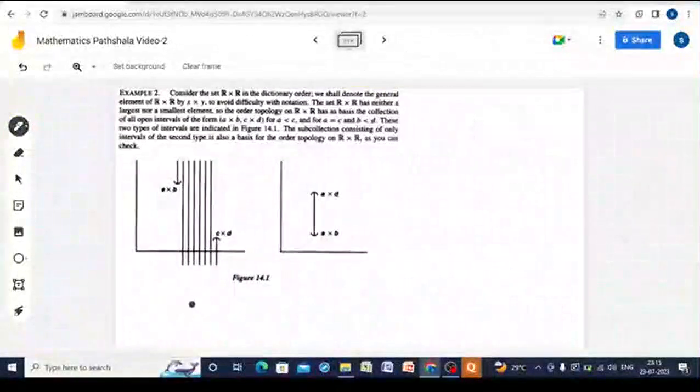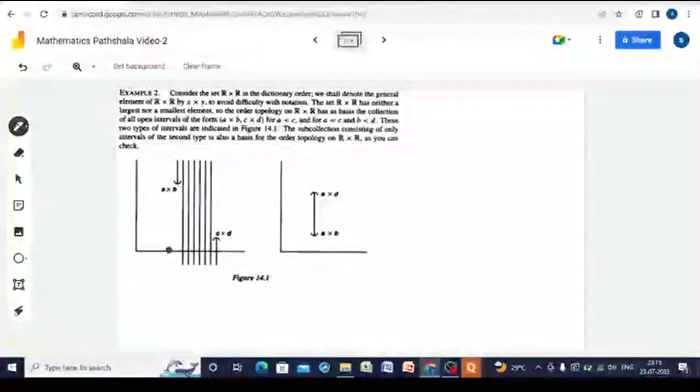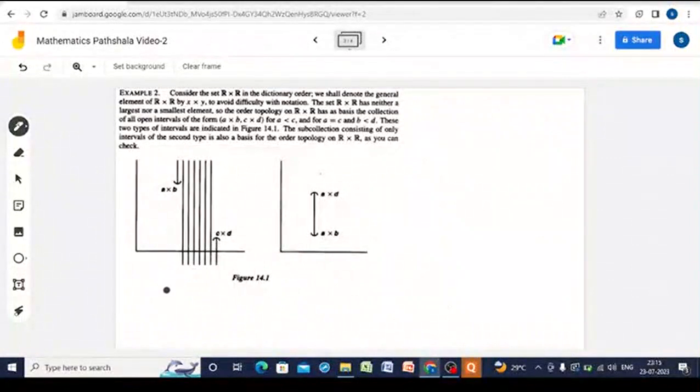This figure is from the book by Munkres. It says that there are two types of collections: if a is less than c, this type of collection, and also from this figure, line segments parallel to the y-axis if a equals c, without the endpoints. So the collections of these two types will form a base for the dictionary order topology on R2.